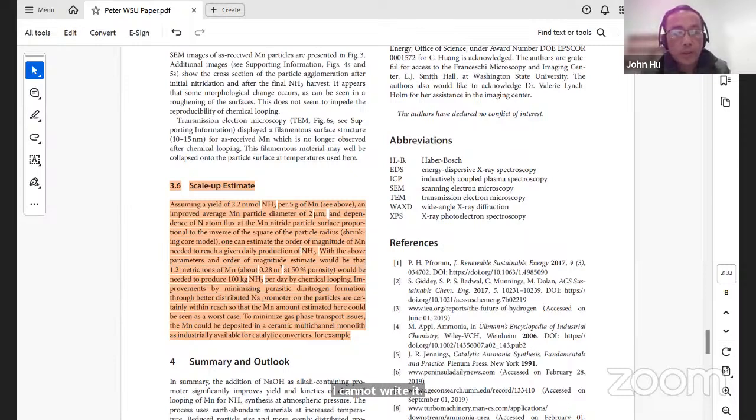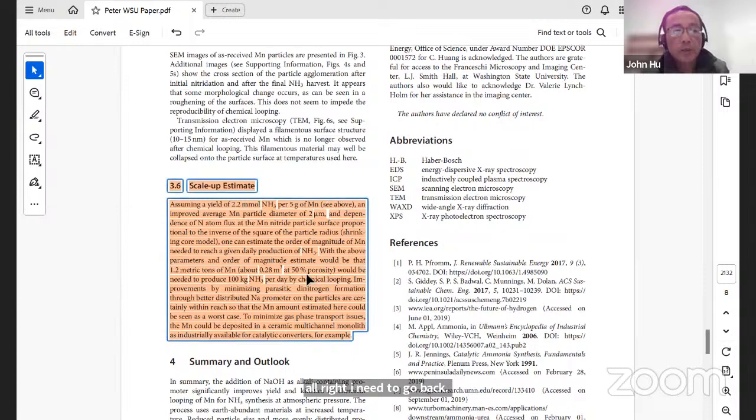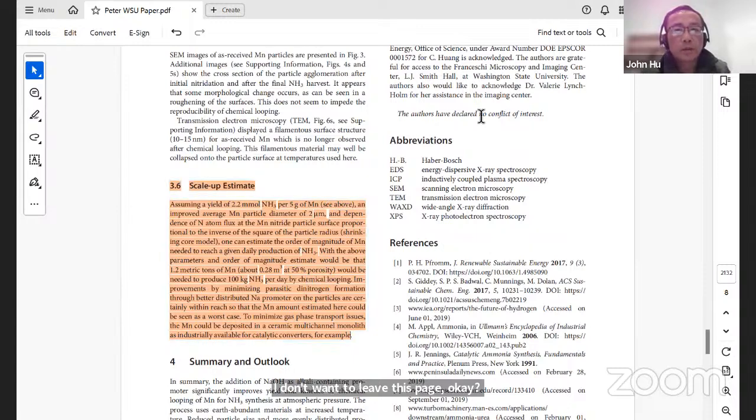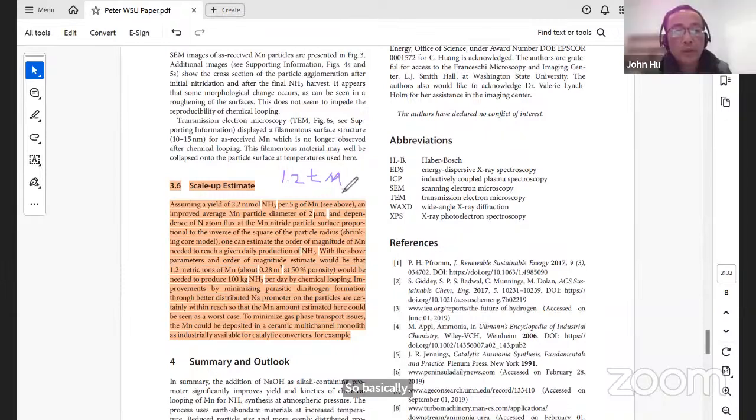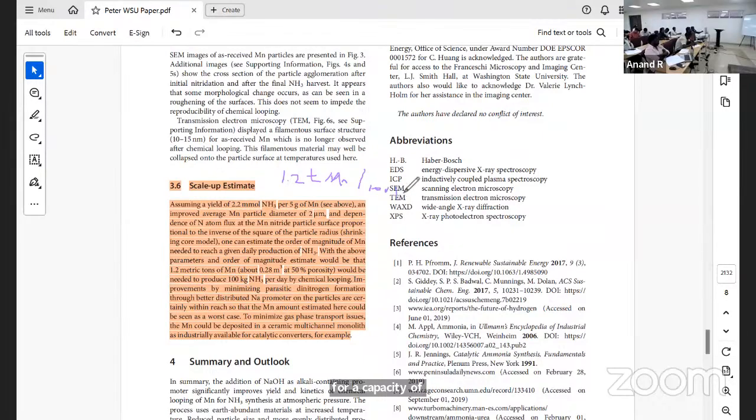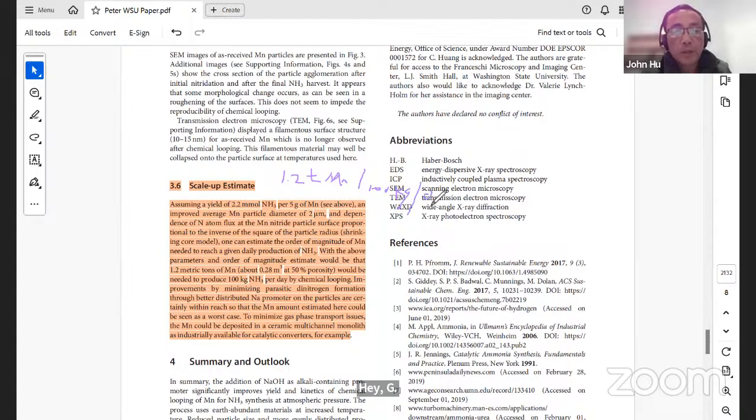All right, I need to go back. I don't want to leave this page, okay? So I need to write on something. So basically, can you see my handwriting? So he said you need 1.2 ton manganese for a capacity of 100 kg ammonia per day. You need this much catalyst.